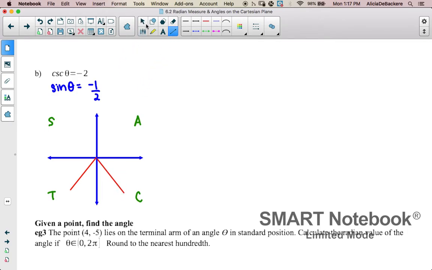Next, I'm going to think about what my beta angle is. I'm going back to my special triangles, and my ratio is 1 over 2. I might draw this into my picture to help me remember. You can do it in either quadrant; I could have done it over here. To come up with beta, the sine is 1 over 2, so the opposite is 1 and the hypotenuse is 2, remembering sine is opposite over hypotenuse.